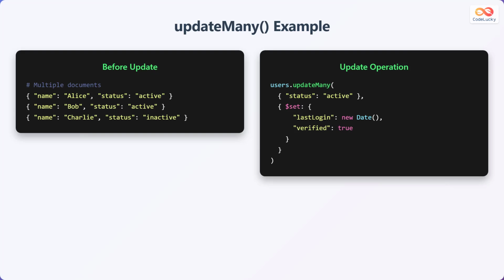Users.updateMany parenthesis curly braces status, active closing curly brace, comma, curly braces, $set, curly braces lastLogin, new Date, parenthesis, closing parenthesis, comma, verified, true, closing curly braces, closing curly brace, closing parenthesis. This operation will add a last login timestamp and set verified to true for all users with an active status.